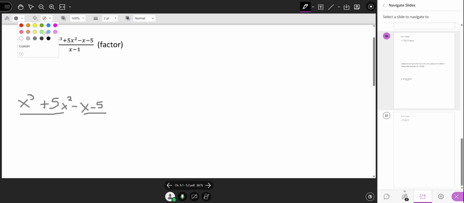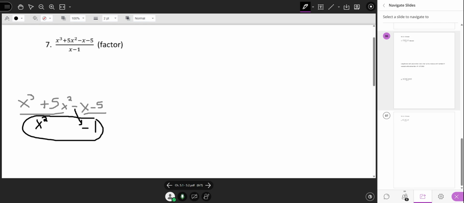The GCF of the first two is x squared. Bring that minus down. GCF of the second is 1, because x and 5 have nothing in common. Now, x squared minus 1 is x plus 1, x minus 1. Remember, difference of squares.